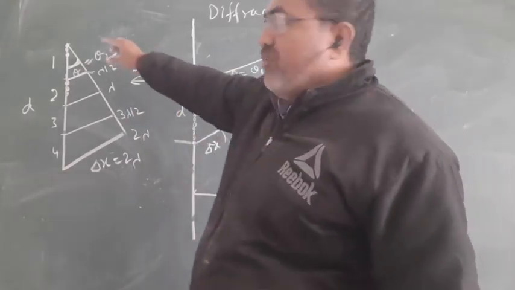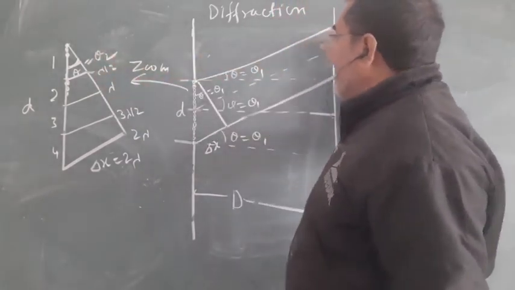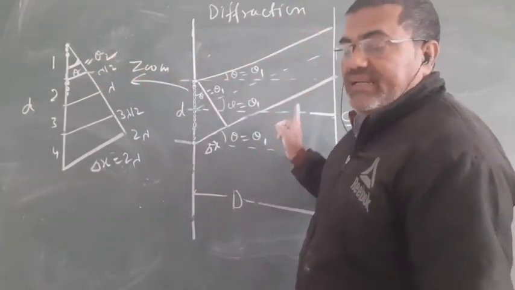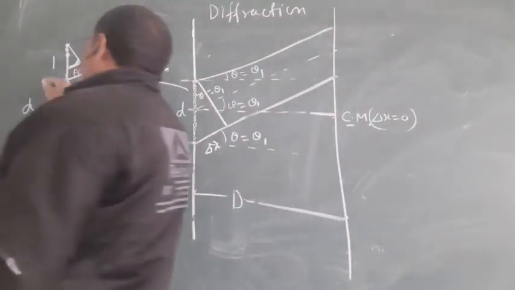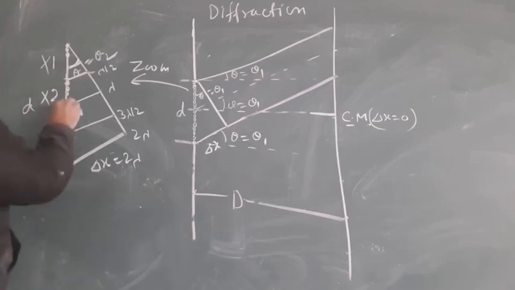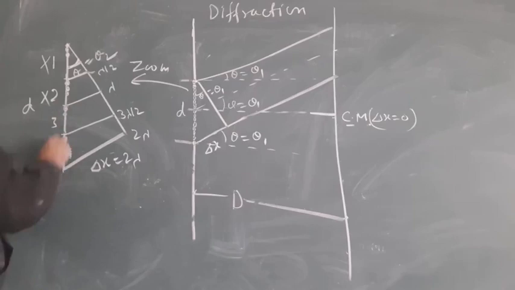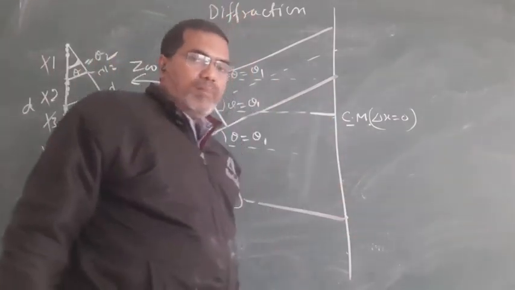Every particle of portion 1 and the corresponding particle of portion 2 meet in opposite phase at the screen, that is, path difference lambda by 2, so they will cancel out. Similarly, these particles have corresponding particles in the fourth portion, so they will also cancel out. They still meet in opposite phase at the screen, so minima will be obtained.